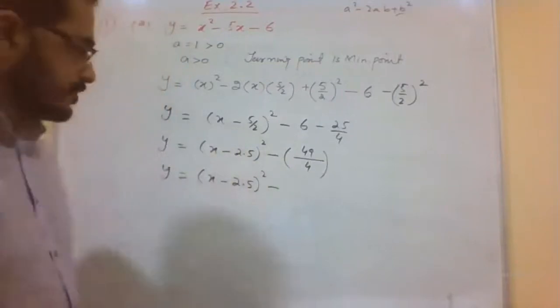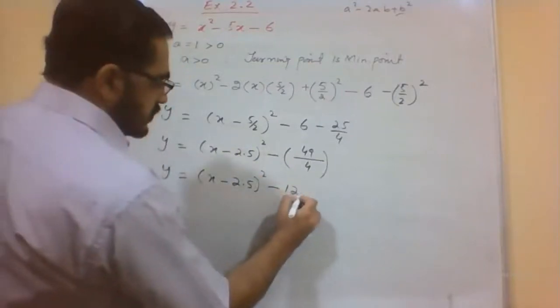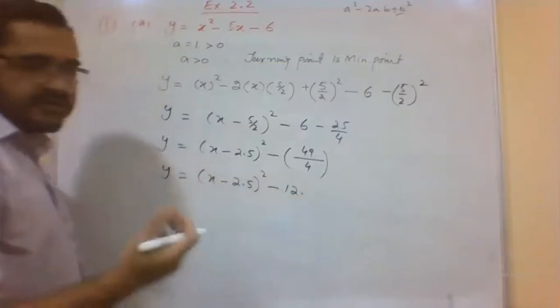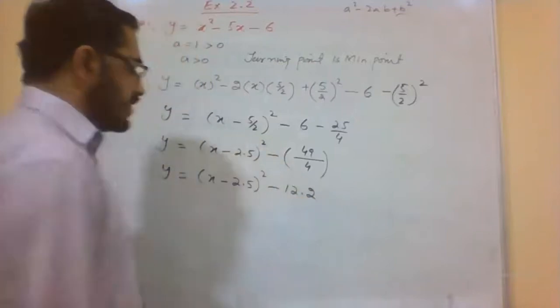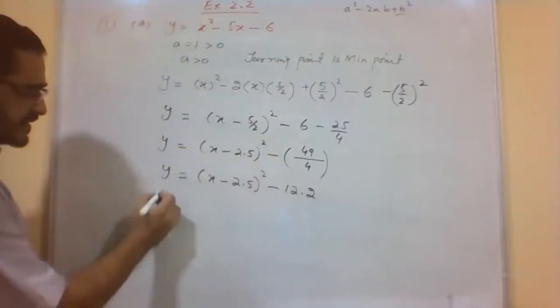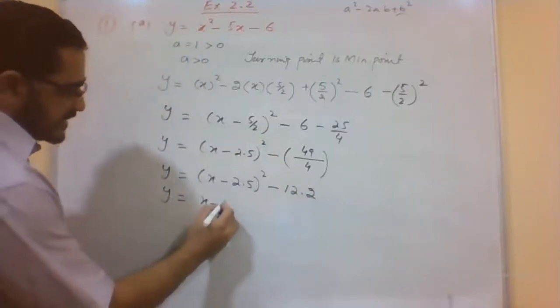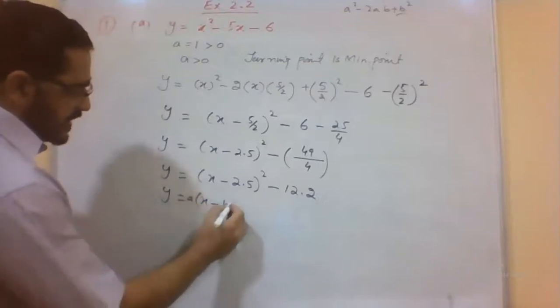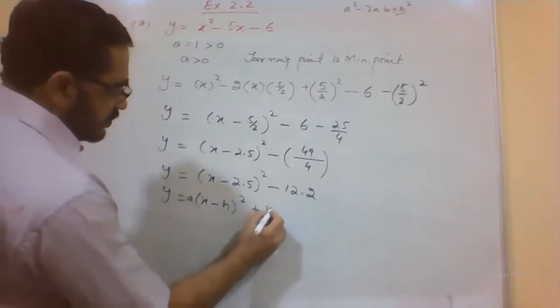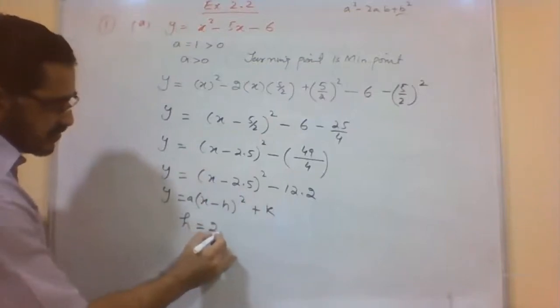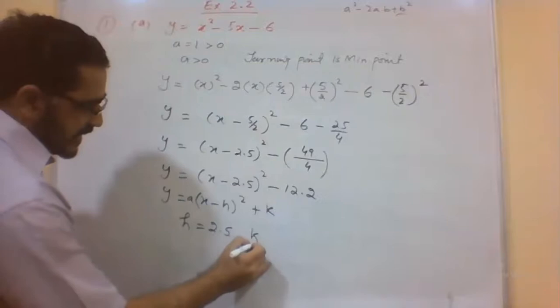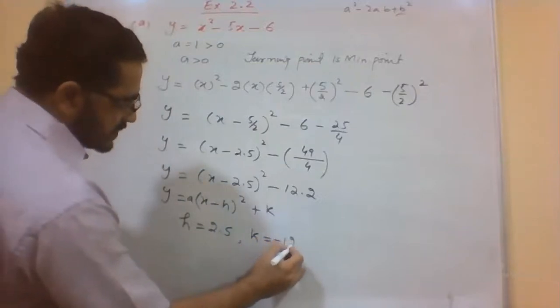49 divided by 4 is 12.25. This is the form y equal to a into x minus h whole squared plus k. Then h here is 2.5 and k here is minus 12.25.